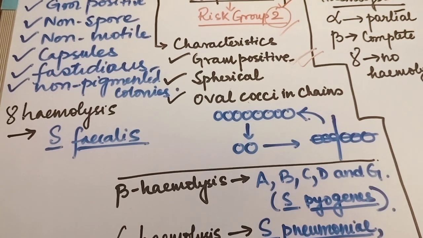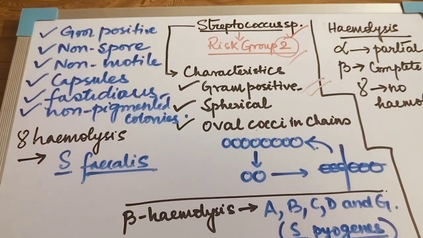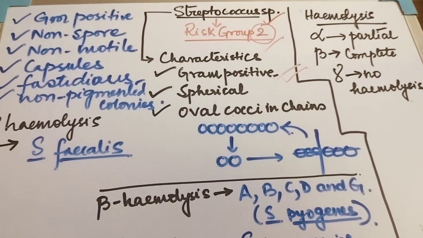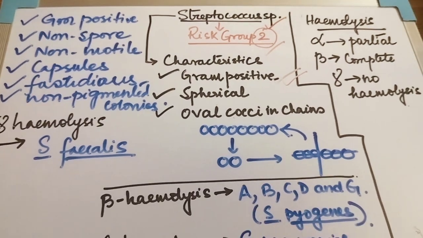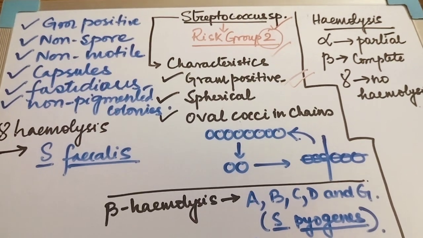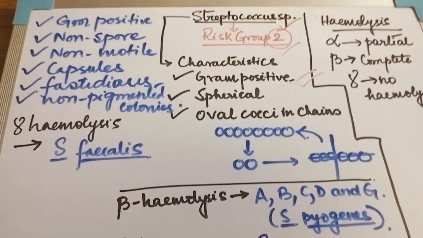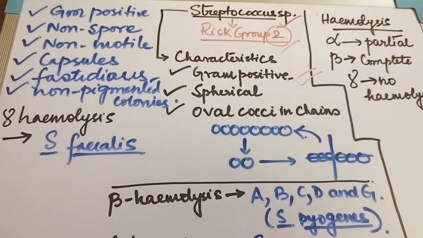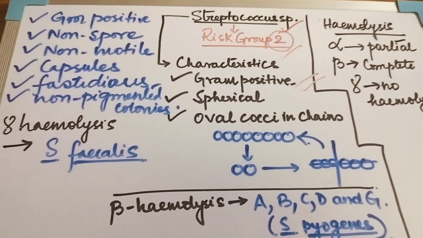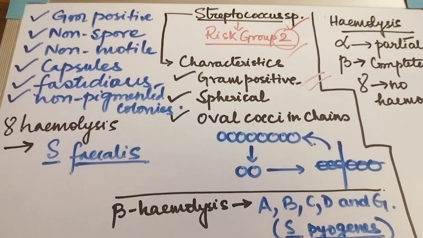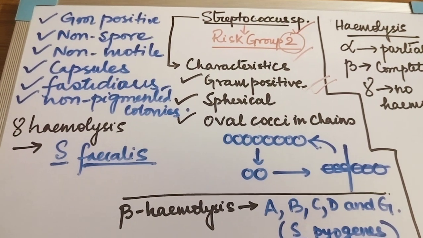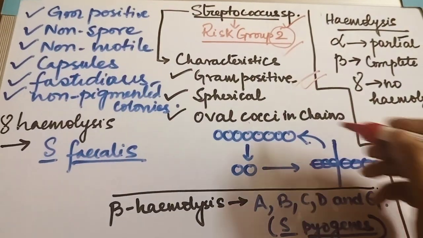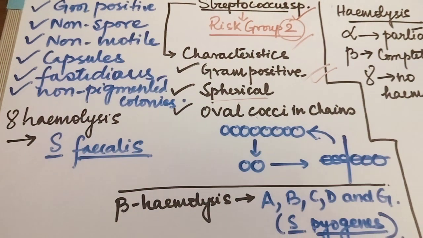Depending upon the cell wall composition, Gram positive organisms show a purple color. I will discuss the basic principle behind it in later videos, but for the time being understand that it is Gram positive according to the Gram staining process, and it is spherical.